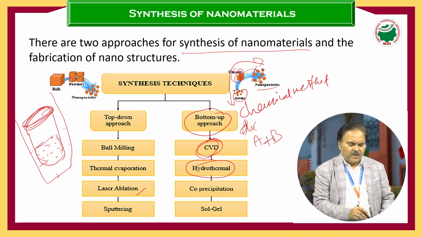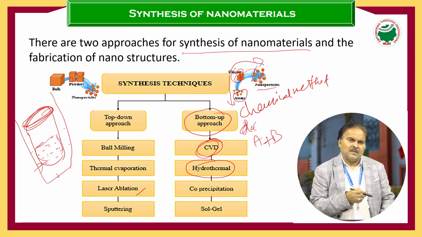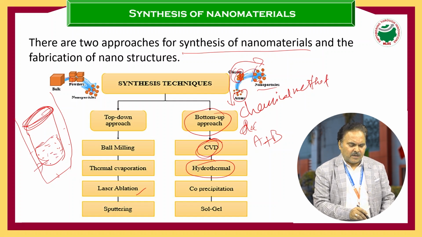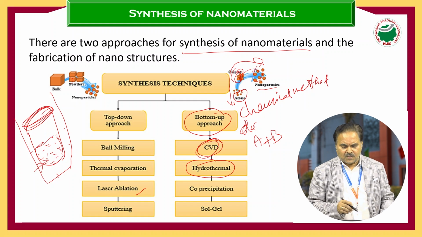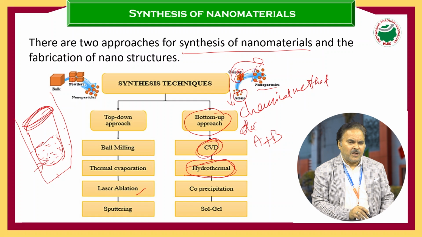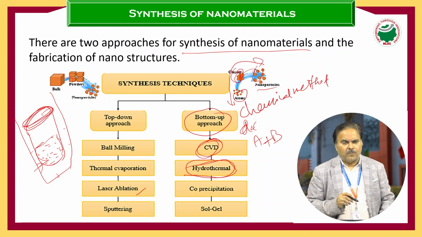Because of the pressure and temperature, the reaction takes place, and the nanoparticles form. That method is called the hydrothermal method, meaning the liquid is under a temperature range as well as pressure. With this method, they make nanoparticles.